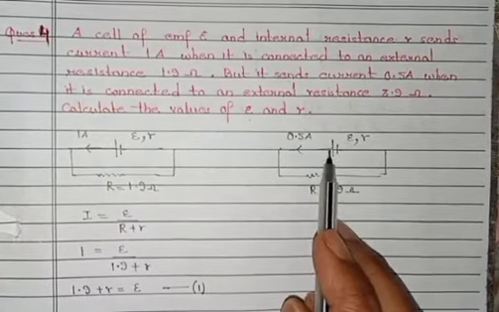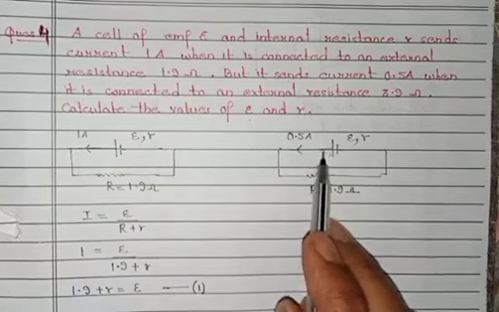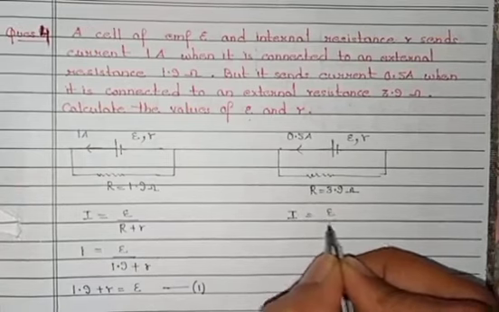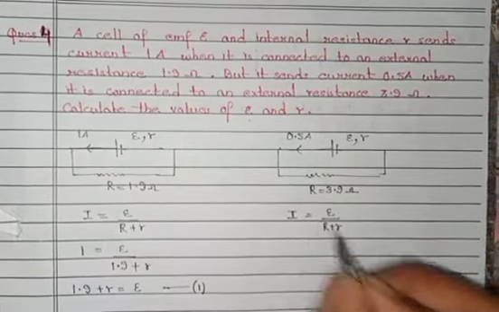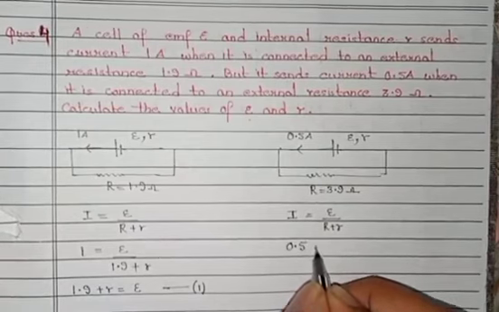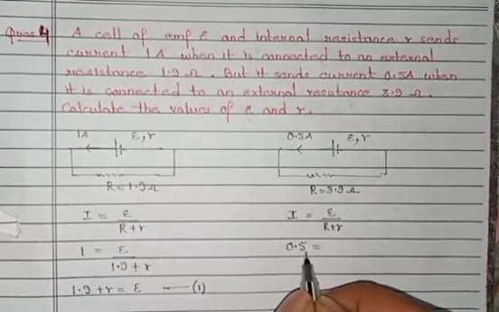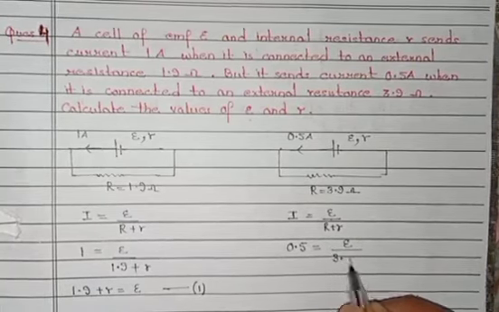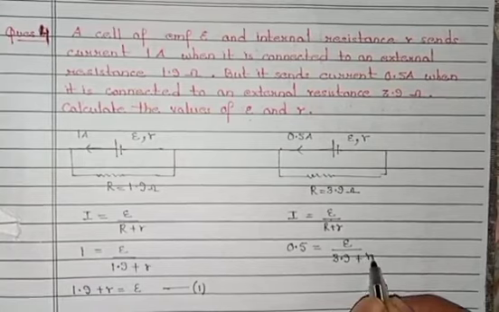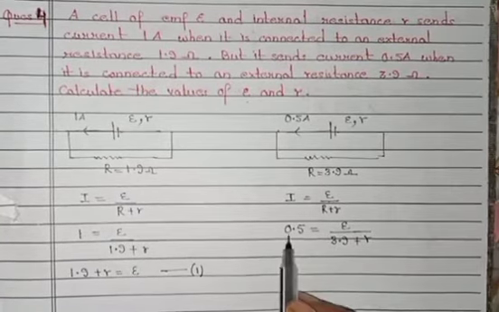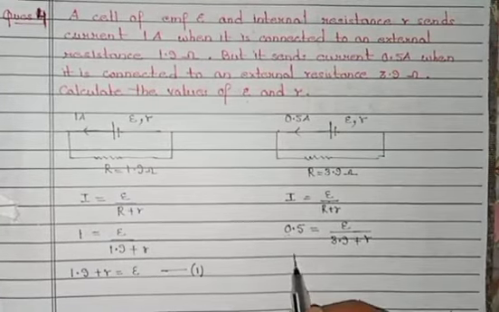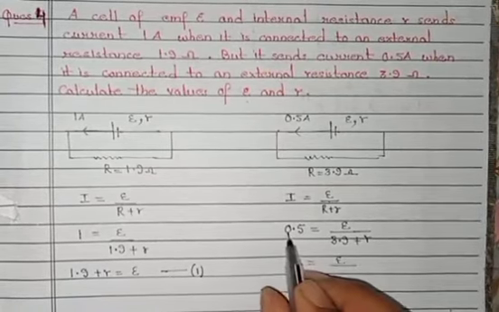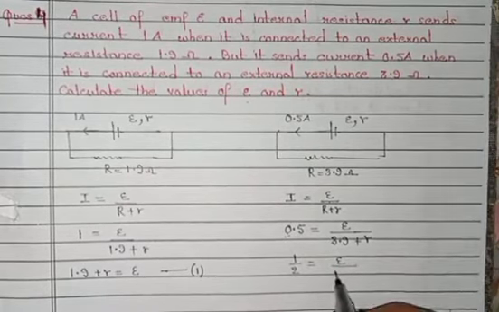Again here the main current, that is the current being withdrawn from the cell, is known to us. So its formula will be, current is 0.5 ampere, EMF is unknown, external resistance is 3.9 plus small r. Now this 0.5 can be written as 1 upon 2. So this will make our calculation a little bit easy. Instead of 0.5, we can use 1 upon 2.